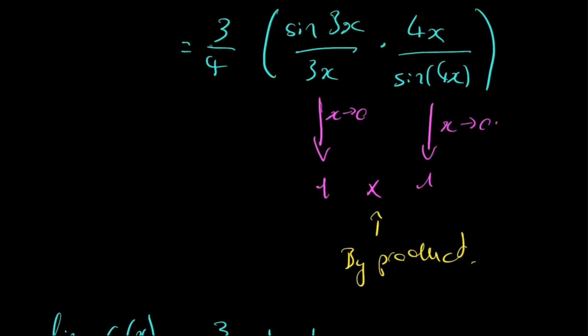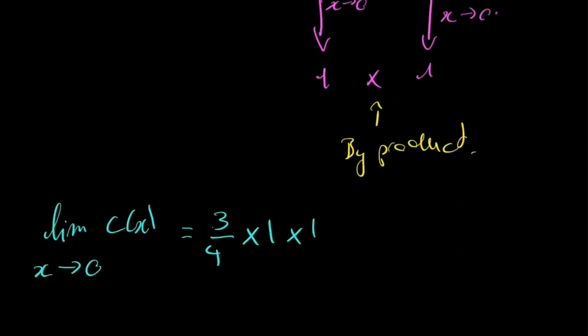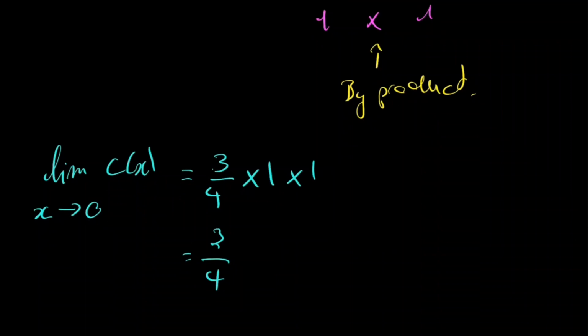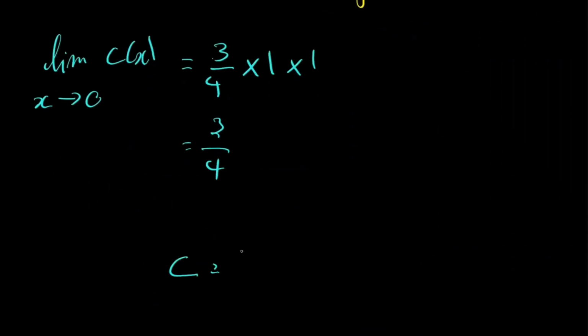So 3 over 4 times 1 times 1 is equal to 3 over 4. We've got our C is equal to 3 over 4.